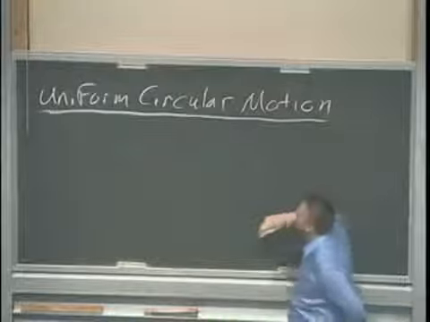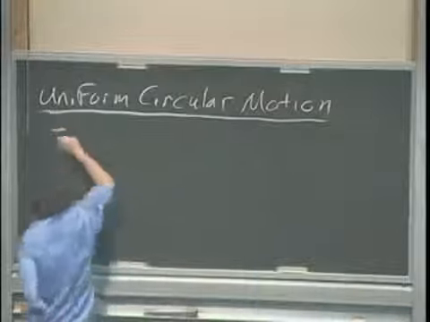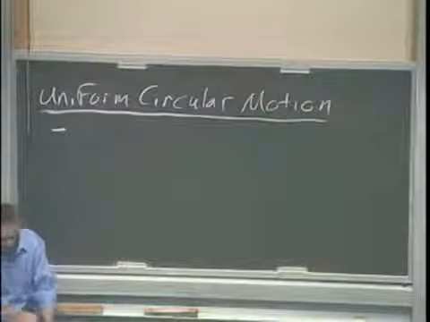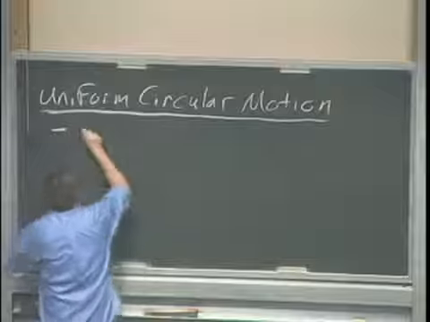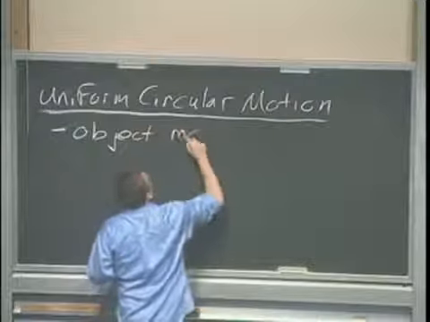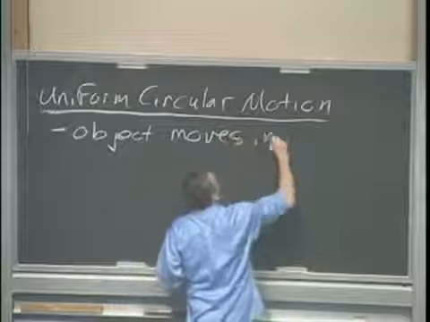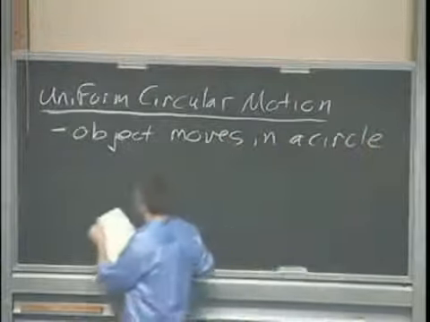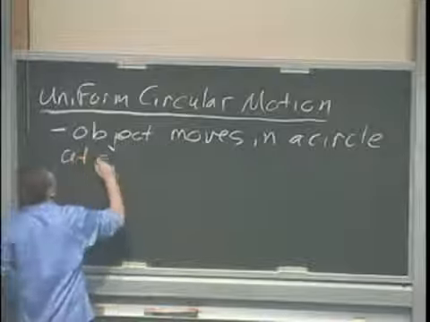So that's motion of an object in a circle moving at a constant speed. So this is a case when an object moves in a circle at a constant speed.